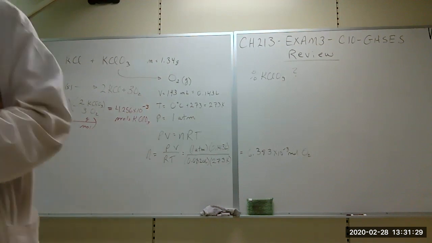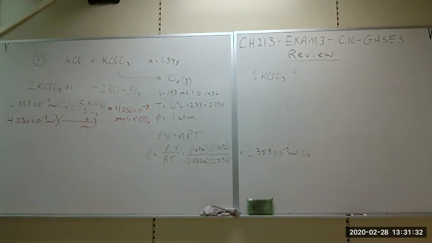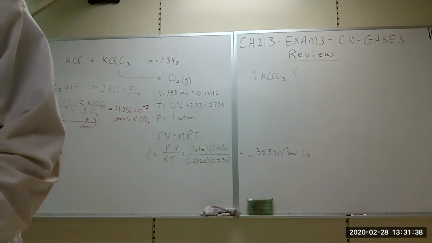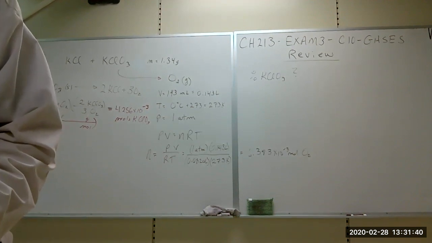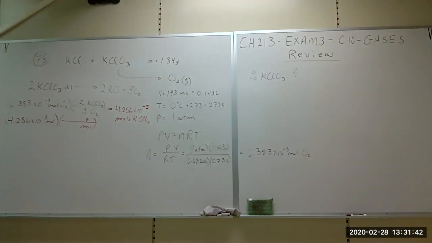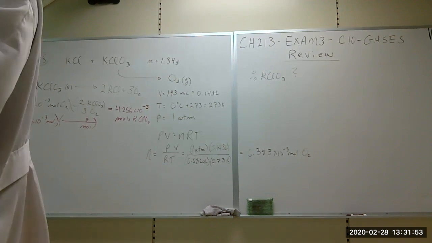Can't see that far. Where's my periodic table? Here we go. Potassium, 39.10, rounded off.